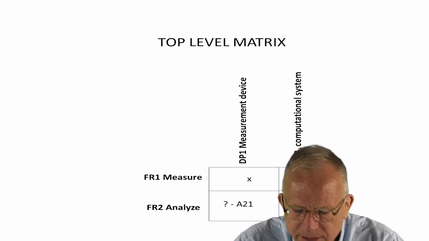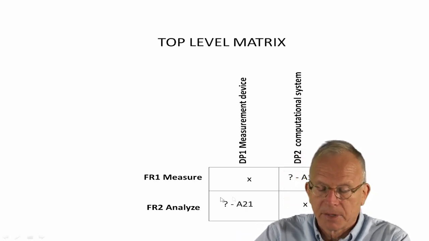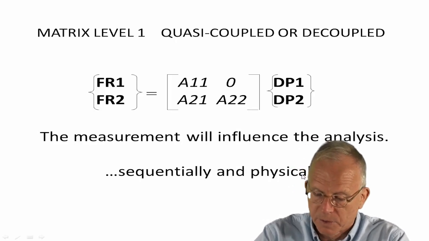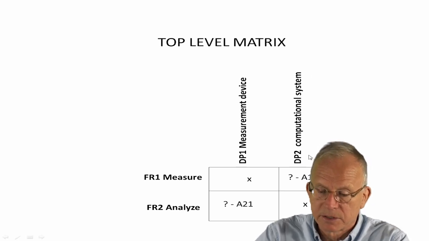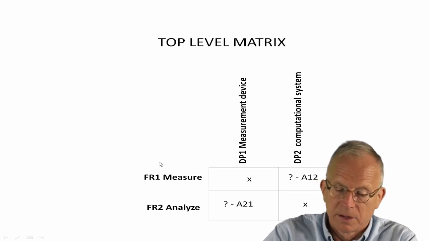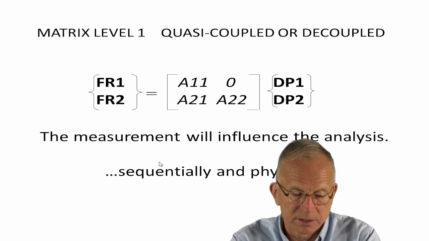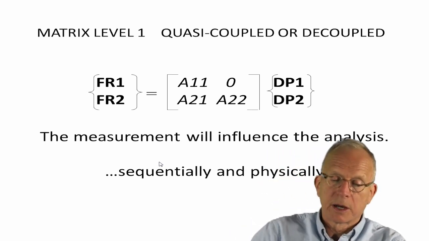Because if the measurement system isn't working very well, we don't have a good enough measurement to analyze. Now the computational system that's doing the analysis, does that impact the measurement? No. So we have a triangular matrix, and so it's quasi-coupled or decoupled.